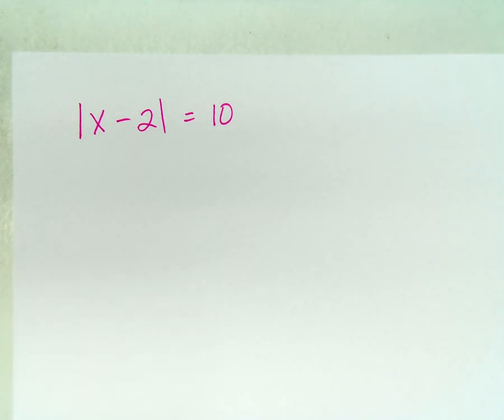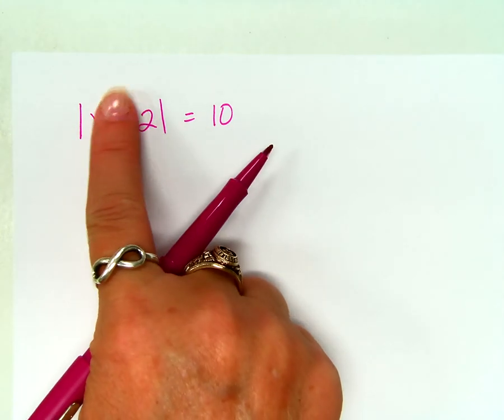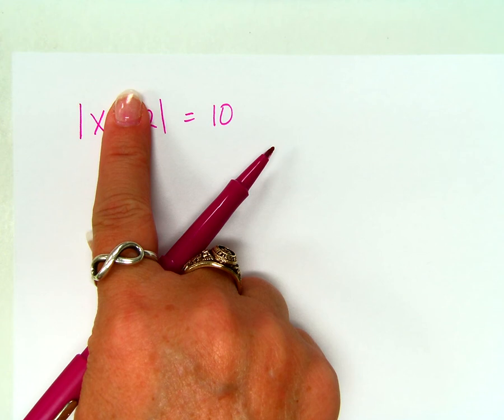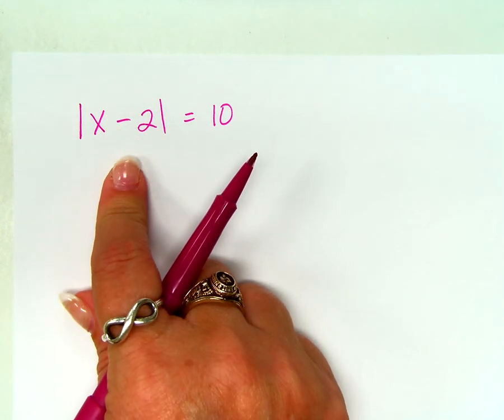I don't know if you remember this or not, but I'm going to remind you. In our textbook that we had last year, I teach this a little bit different because of my concept of absolute value. Inside of this absolute value sign, I'm allowed to have any number I want. But when I take that value out of the absolute value sign, that value always has to be positive, right?